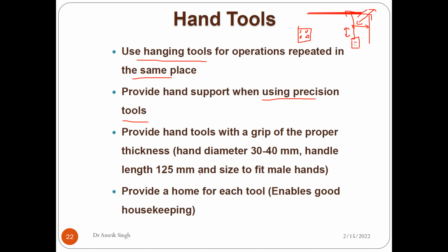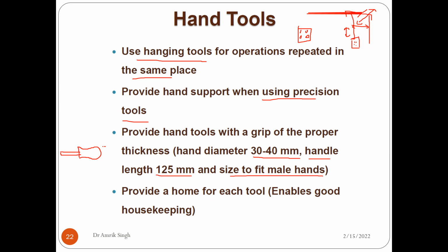Provide the hand tools with a grip of proper thickness. So hand grip diameter 30 to 40 millimeter and the handle length must be 125 millimeter, sized to fit a male hand. So it is like this, you must have seen. Suppose this is a screwdriver or a tool like that.